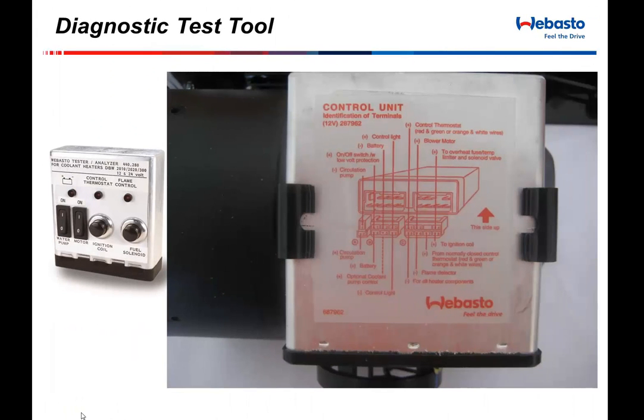We make a diagnostic test tool to help you go through this and figure out what's going on. There are a couple of different versions of this box out there, but they all work the same. You take the 3 electrical connections on the bottom of the electronic control unit and plug them into the diagnostic test tool.